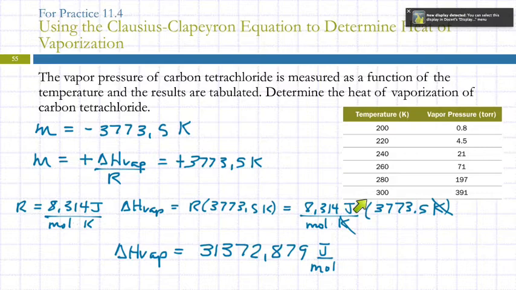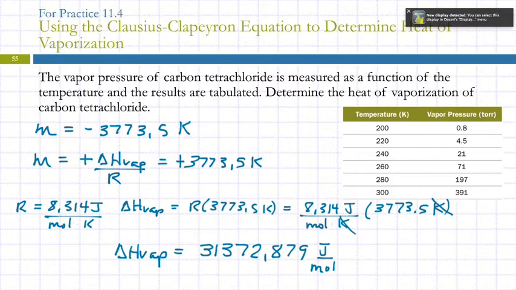Let's look at the data, right? This appears to be to the nearest 10 Kelvin, but hopefully they would have measured it a little more accurately there. And most of these have 2 or 3 sig figs. So let's just say 3 significant figures would be reasonable and really not worry about it beyond that.